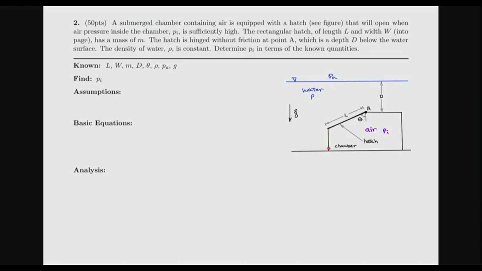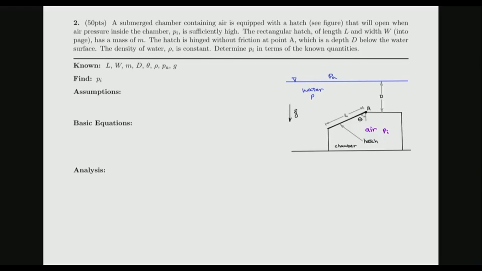We have this chamber that is submerged in water. Here's our free surface, with atmospheric pressure existing above, and we have water, and this chamber is submerged and contains air, and the air is at some uniform pressure P sub I.